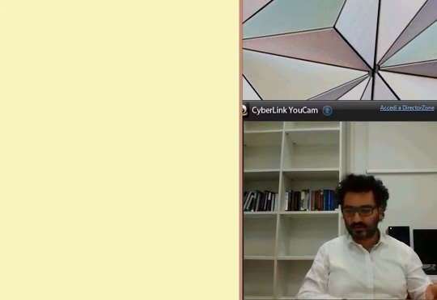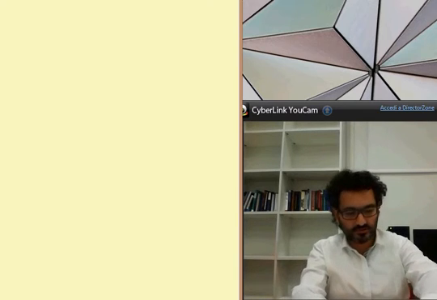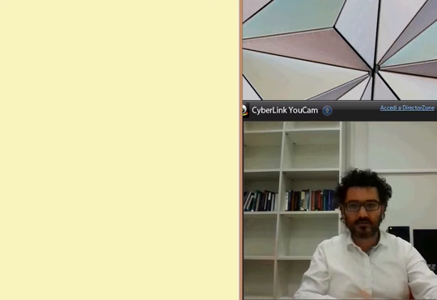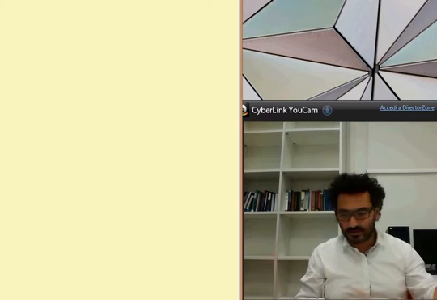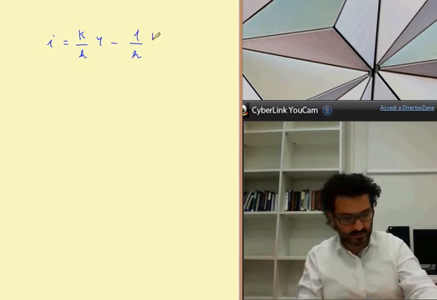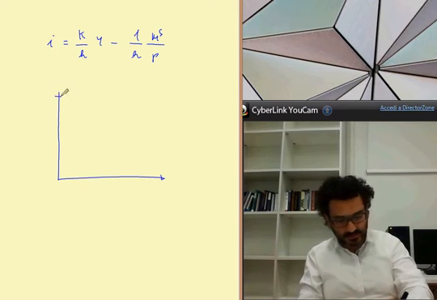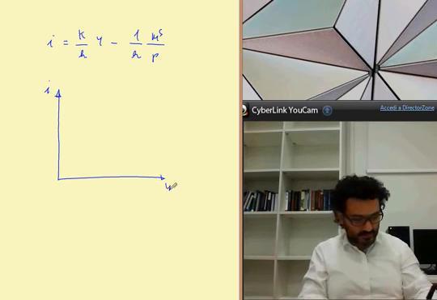So now we can consider again the LM relation. The LM relation is a relation between interest rate and income. I write it again: interest rate equal to k over h times y, minus 1 over h times the real money stock. We can write this relation on the space interest rate and income.